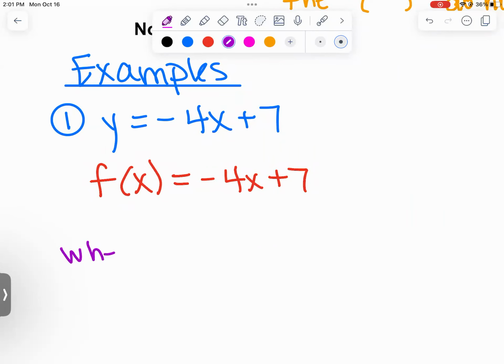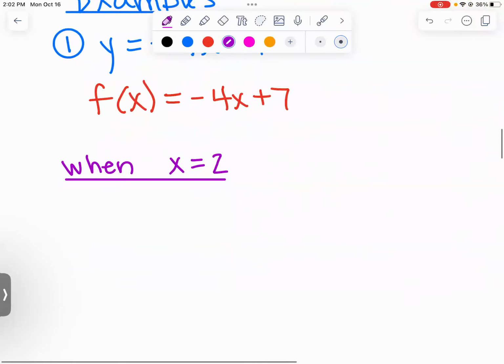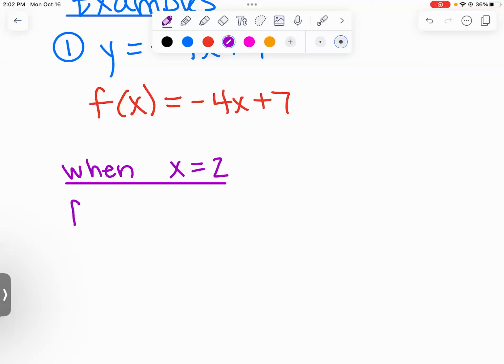So when x equals 2, what we're going to do is we're going to say, all right, f of 2. So instead of y, I just have f of 2.